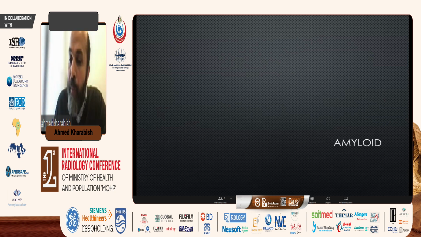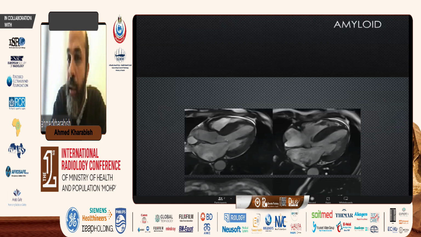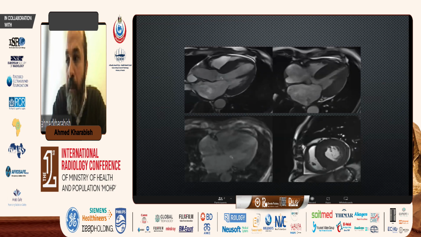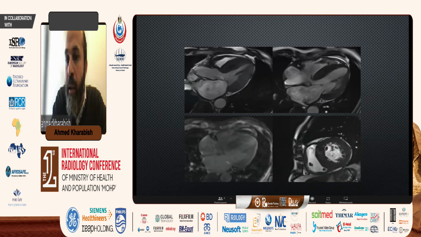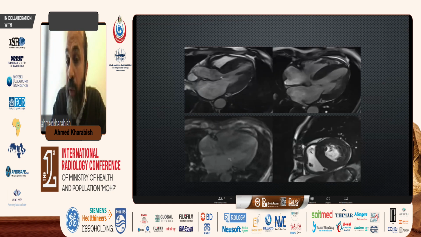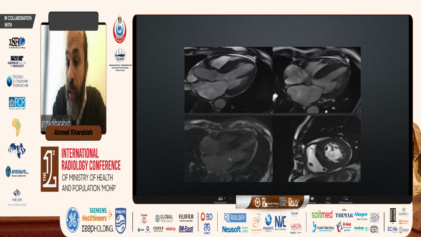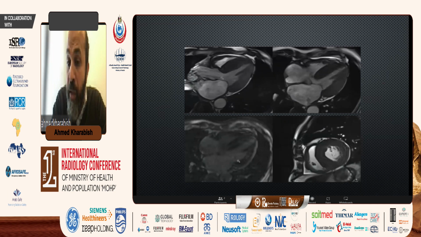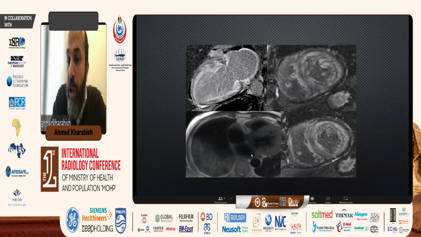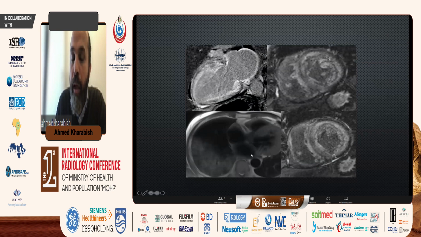Amyloid is another differential diagnosis where there is significant concentric hypertrophy. In most cases, the stroke volume is reduced. Dilatation of the atria in the form of restrictive cardiomyopathy might be present, and of course the typical enhancement in amyloid, which is severe to the extent sometimes of subendocardial enhancement at the atrial level.